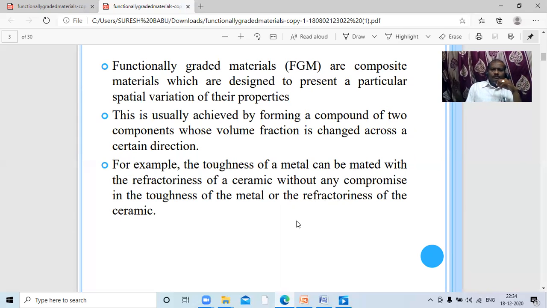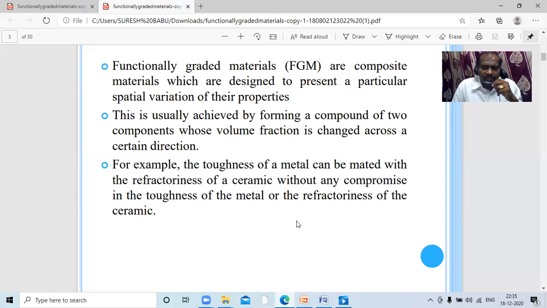For example, the toughness of a metal can be mated with the refractoriness of a ceramic without any compromise in the toughness of the metal or the refractoriness of the ceramic. That means if toughness has to be improved for a metal, it can be possible by adding a ceramic material without compromising the toughness.